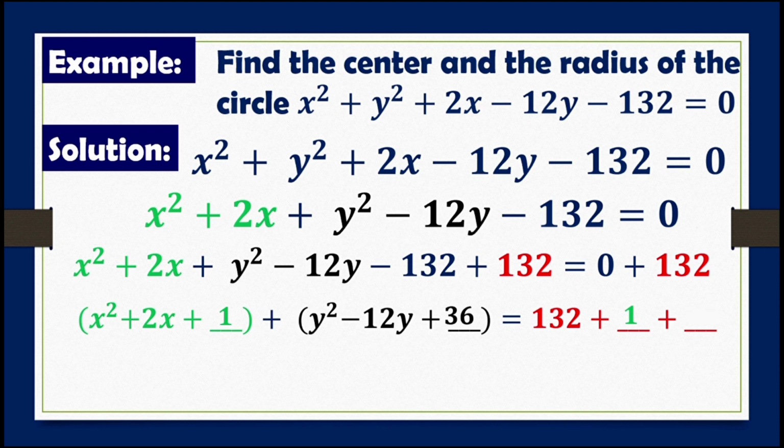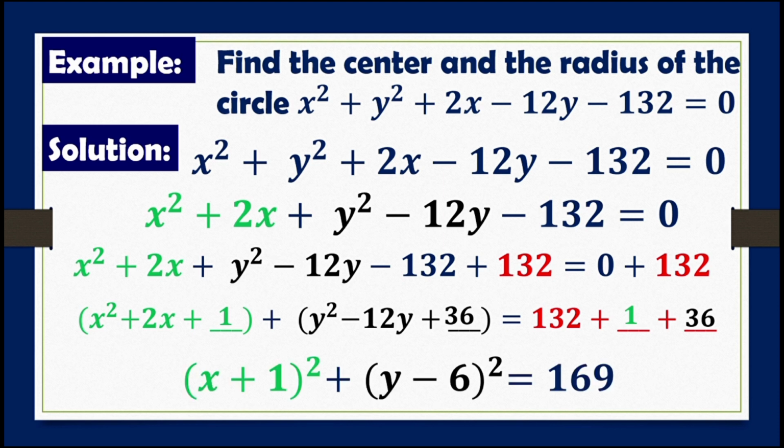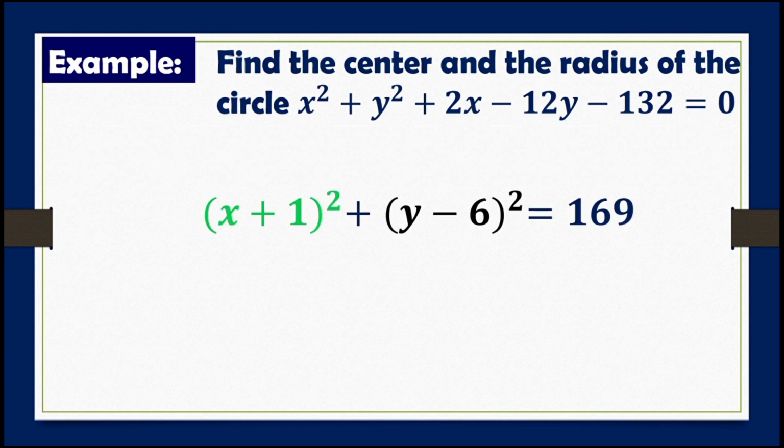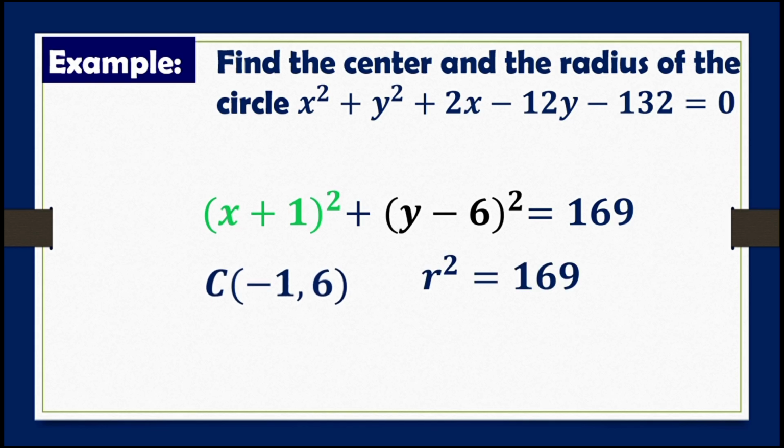So we'll add 36 on the left side, likewise add 36 on the right side of our equation. Then, the simplified form becomes quantity x plus 1 squared plus quantity y minus 6 squared equals 169. This is now the standard equation of a circle, giving the coordinates of our center, which is negative 1, 6, and the radius, which is equal to 13.